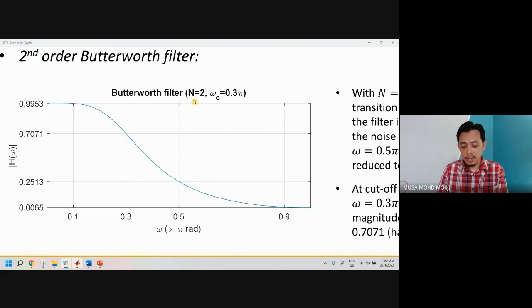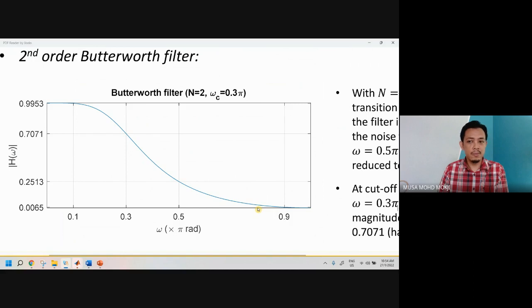And this transition bandwidth can also be different when you change the cutoff frequency. So this is why when we are designing a Butterworth filter, you need to pick the n first, and then plot the spectrum.